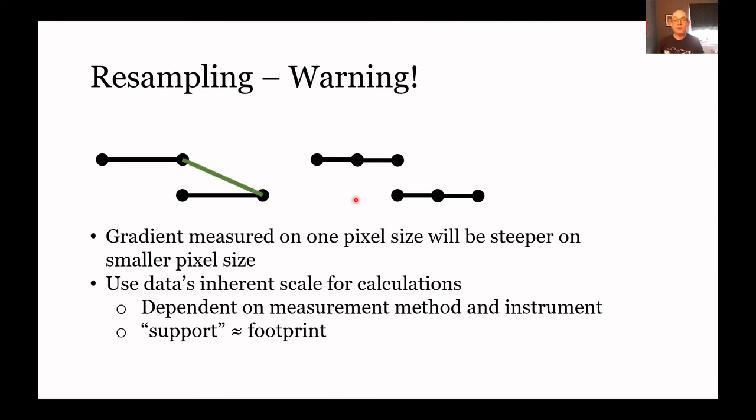But when we then move on to measuring slope, well, this is the support, the correct measurement here, and the slope at that measurement looks like this. But now when we increase the resolution artificially without taking into consideration our support, well, now our slope becomes much steeper. Steeper than is perhaps correct. We don't know what the slope should be at this resolution with this much smaller support because we haven't measured that support. And so this is incorrect.